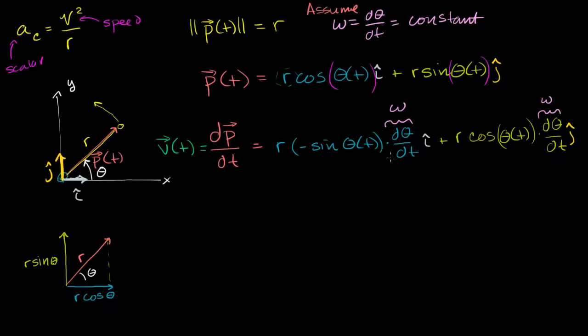And if omega is constant, then we can treat it literally as a constant, and we can factor it out of this expression. So let's factor out a negative omega r.